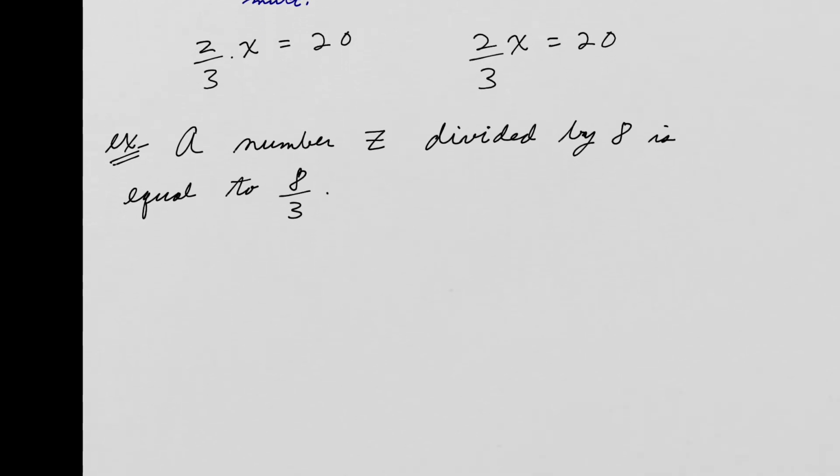Okay, so I start with a number z. Now in an equation, divided by 8 we write as a fraction, right? So z over 8 means divided by 8, is equal to, is the equal symbol, and then on the right hand side I have another fraction, 8/3. So that would be the equation, z over 8 equals 8/3.